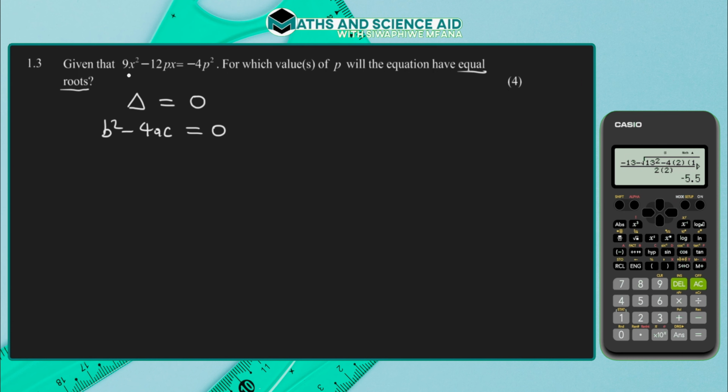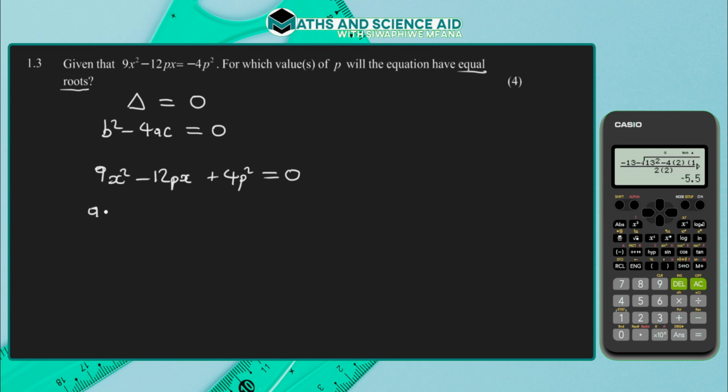And so in order for you to be able to take the values for a, b, and c in this quadratic equation, you need to write it in the standard form first. So in the standard form, this is going to be equal to 9x squared minus 12px plus 4p squared equal to 0.